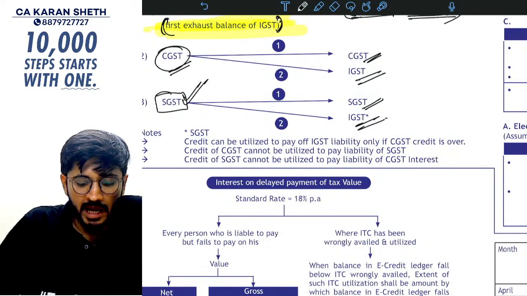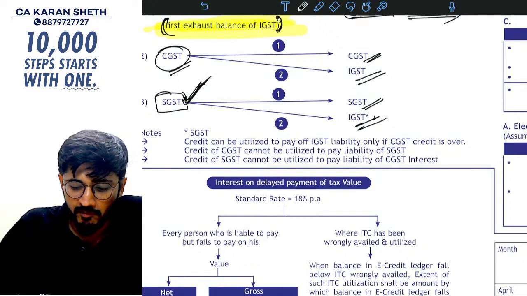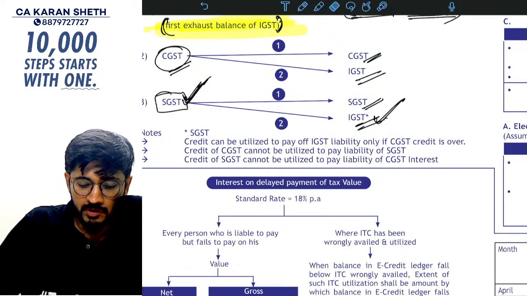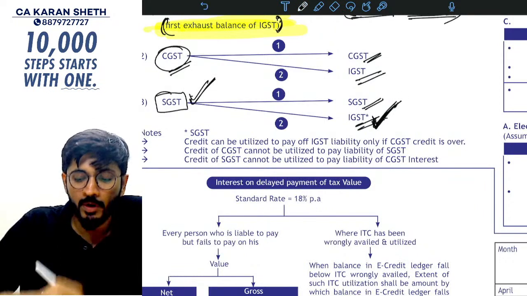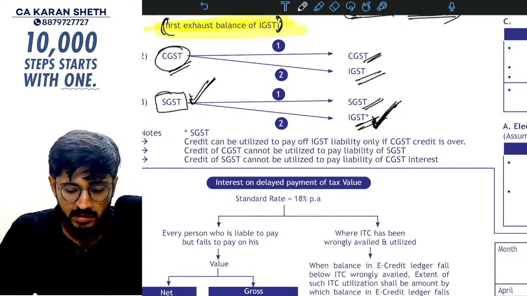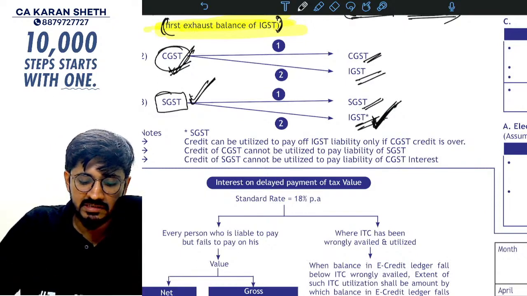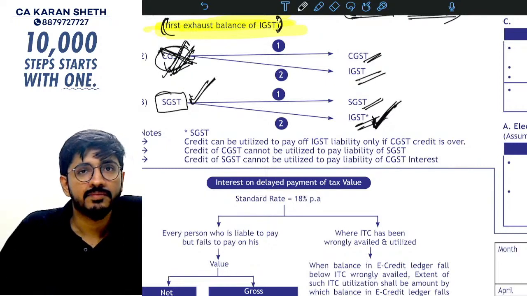You can use the SGST balance to pay off IGST only and only if the CGST balance does not exist.